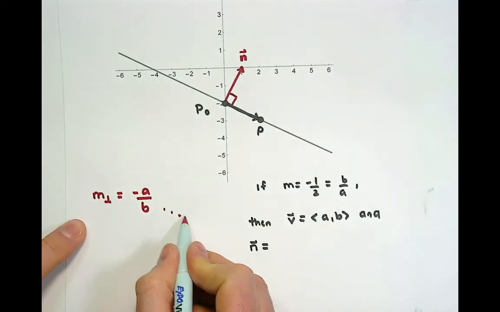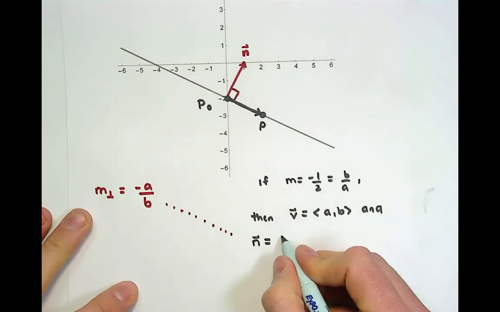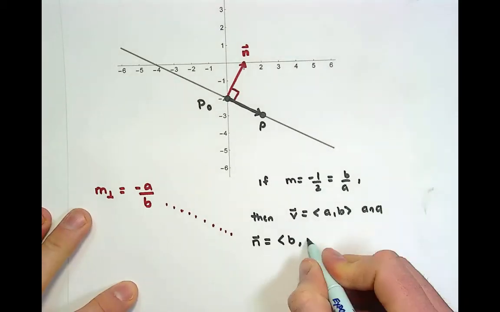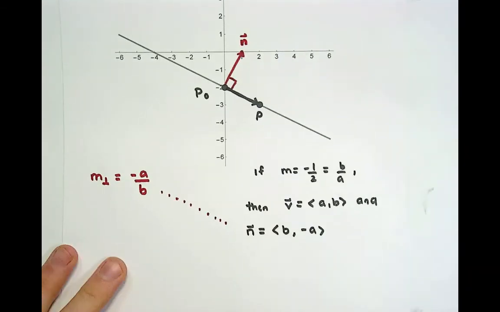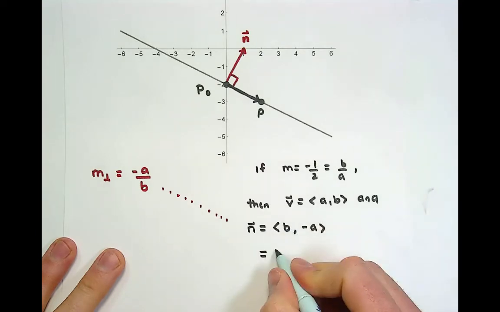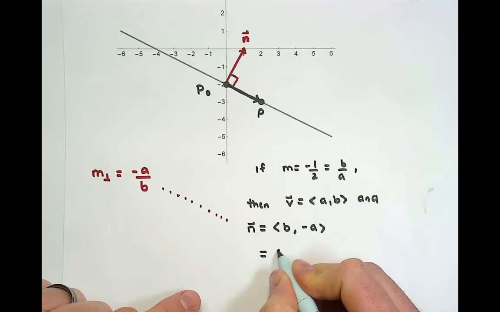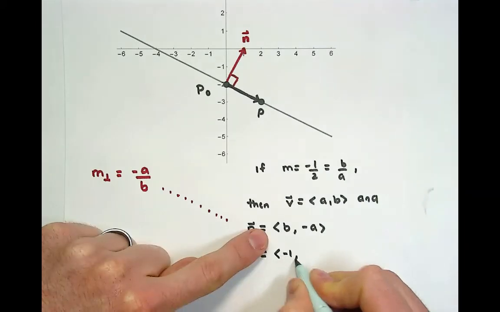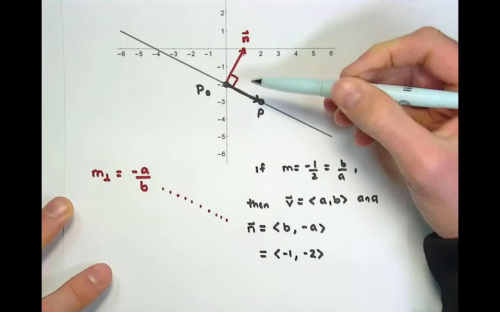And then this would correspond with our normal vector, which would say go b units in x and negative a in y. And in this specific case, for the particular vector that we're looking at, recall that this was (2, negative 1), which would mean that this is (negative 1, negative 2).